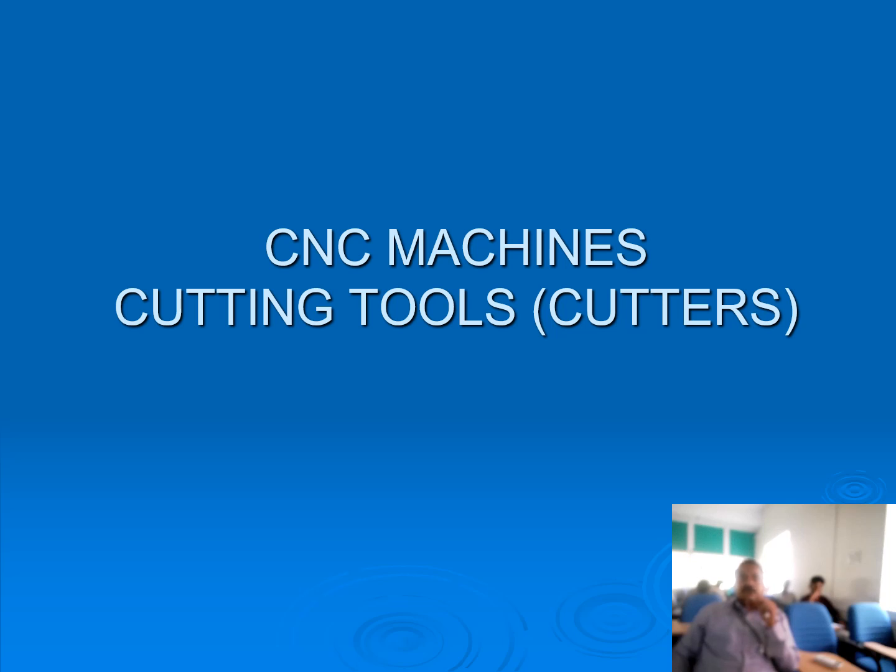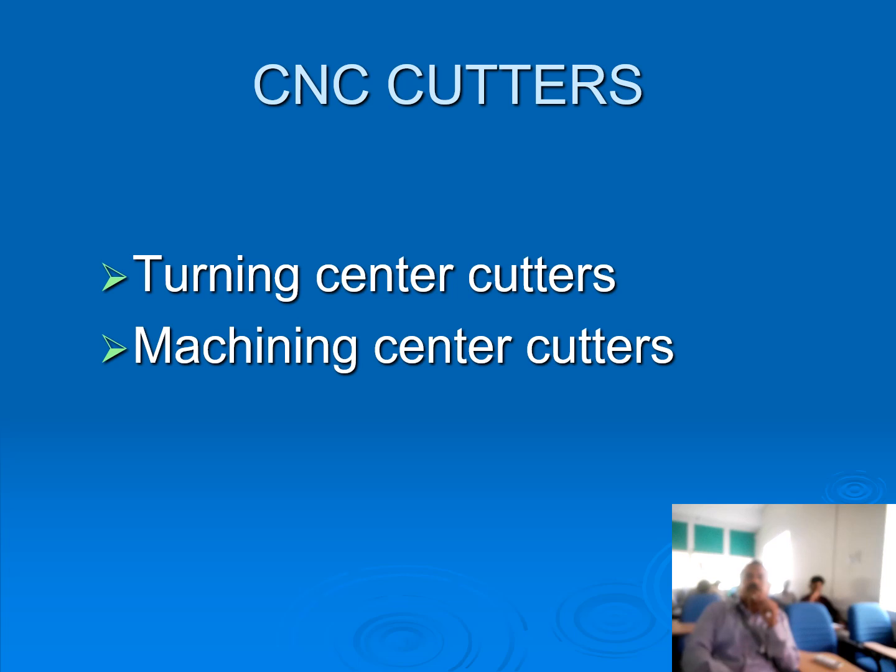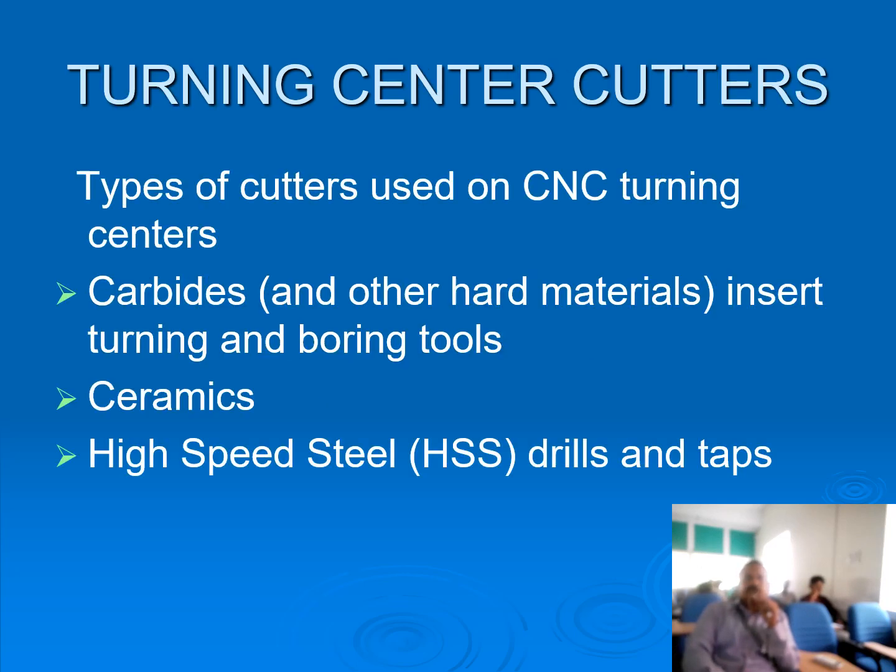The cutters or cutting tools of CNC machines. So the CNC cutters basically, we have turning center cutters and machining center cutters. So turning center is nothing but a lathe, and machining center is like a milling machine. The turning center cutters.